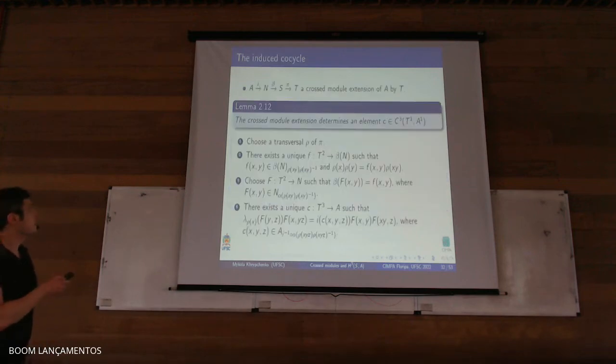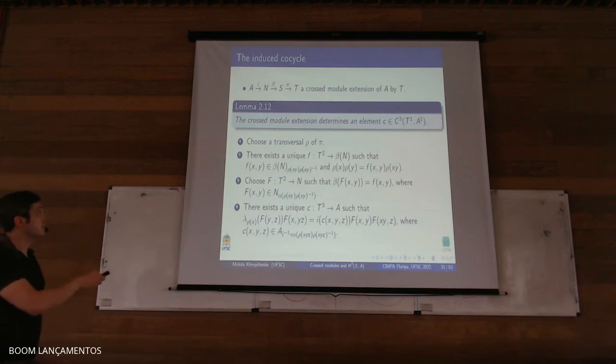Well, and now the construction is the following. You have your pi here, you choose a transversal of this pi. As I said, you multiply these two guys. You have this up to a factor that appears here. It lives in this group component. Then you lift it to a map which takes values here in an arbitrary way.